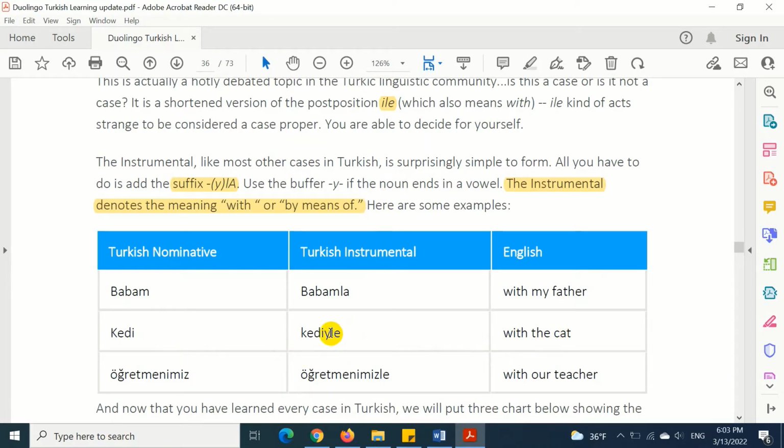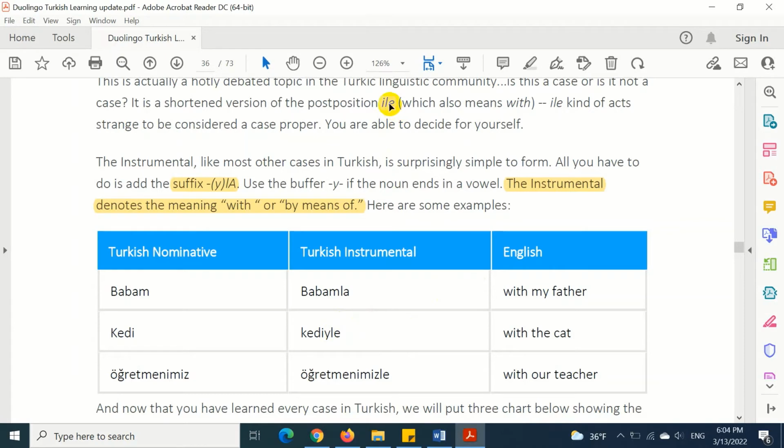Why here do we have the letter Y? Because I already explained that whenever you are adding a suffix to a noun or a verb and two vowels come together, in order to separate those two vowel letters you use the buffer letter Y. You may say that here we don't have a vowel letter, here L is a consonant, but think of its original form.